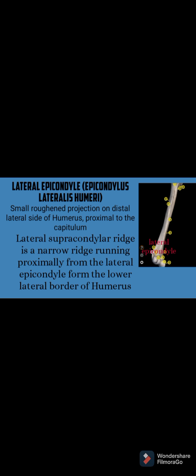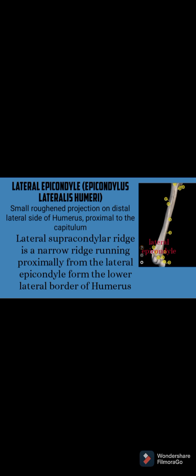The inflammation of these tendons is called lateral epicondylitis. There is a ridge on the lateral distal surface of the humerus called the lateral supracondylar ridge, which runs proximally from the lateral epicondyle and forms the lower lateral border of the humerus.